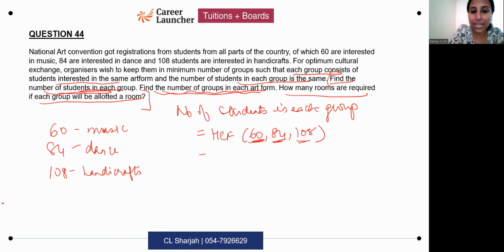Okay. Now when you are finding HCF, you can do the normal prime factorization, no issues, but please write it down then. So for example, if I'm doing this, okay.